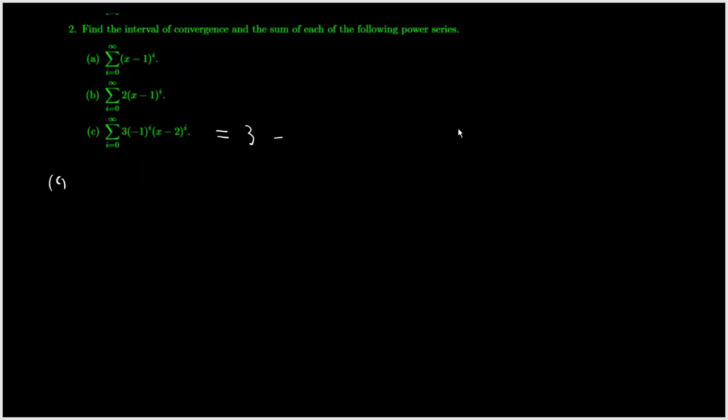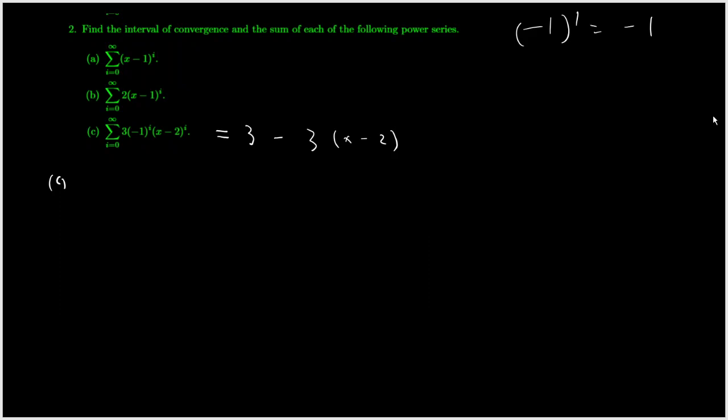If you compute, it's 3 minus 3 times x minus 2. Why do I have a negative sign in here? Because -1 to the power of 1 is equal to -1, right? That's how you have a negative sign. I hope you can see the pattern now.